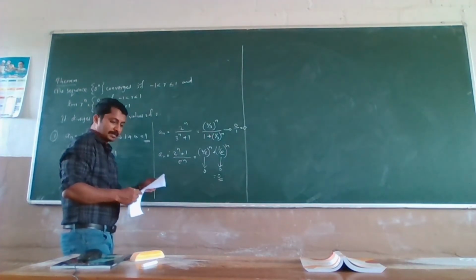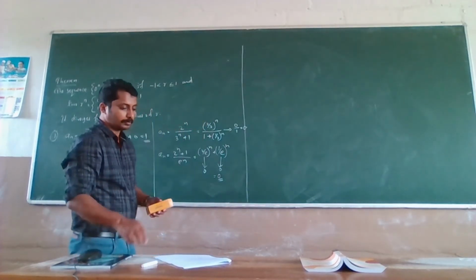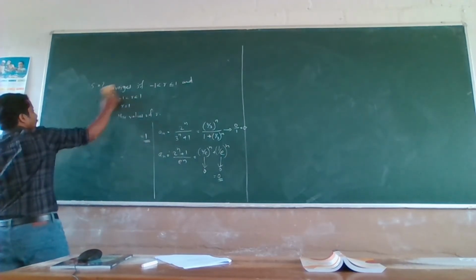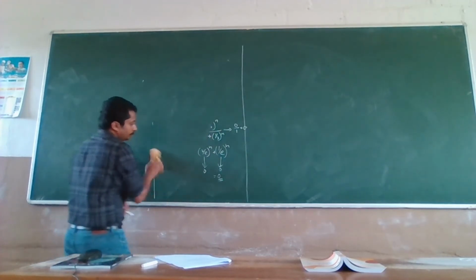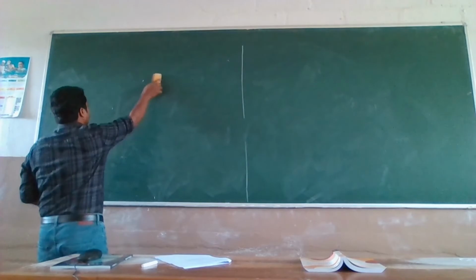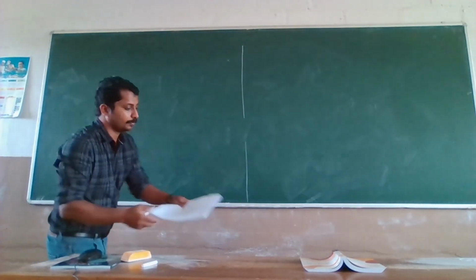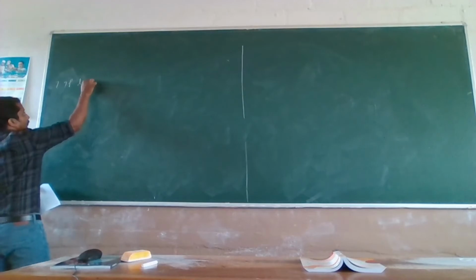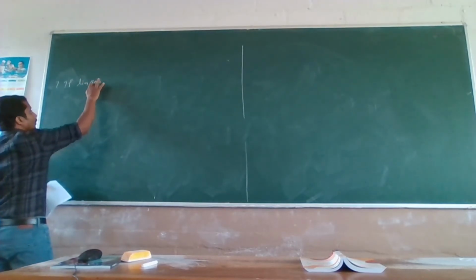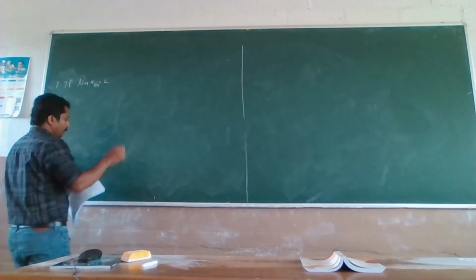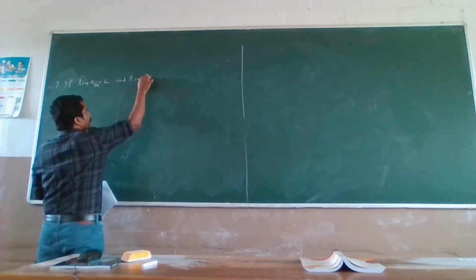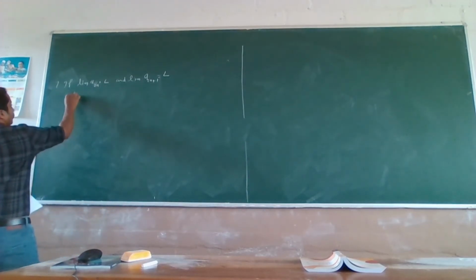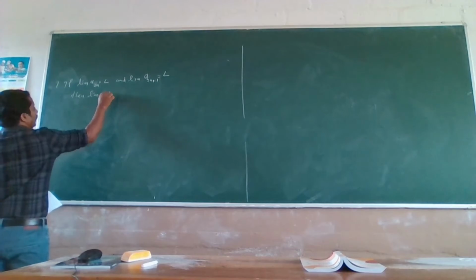Now let us discuss another problem. If limit of a_2n is equal to l and limit of a_2n+1 is equal to l, then limit of a_n is equal to l.